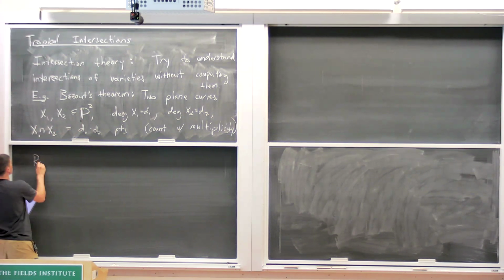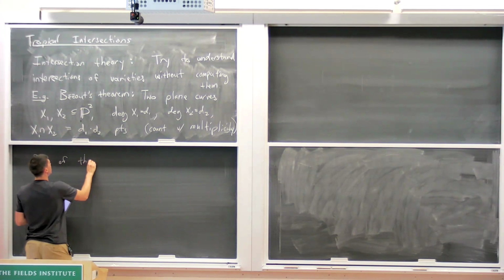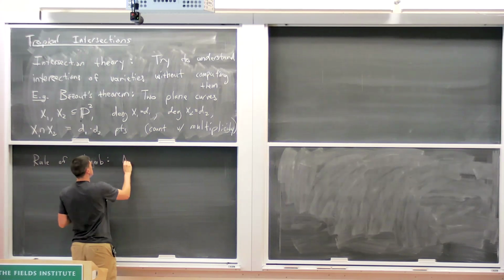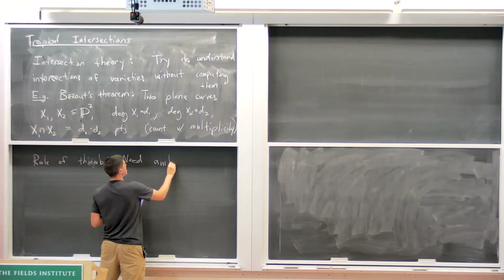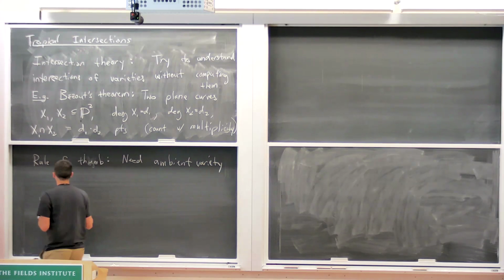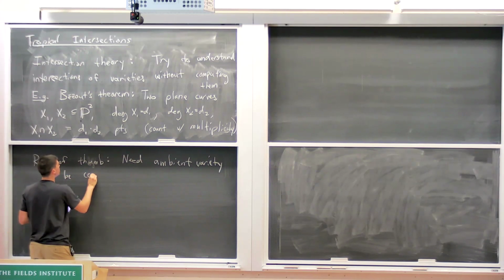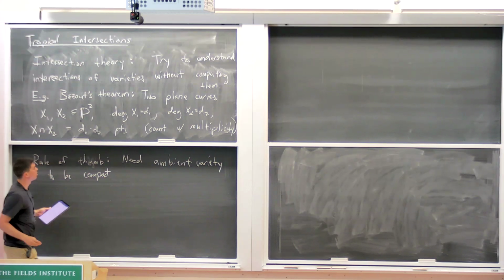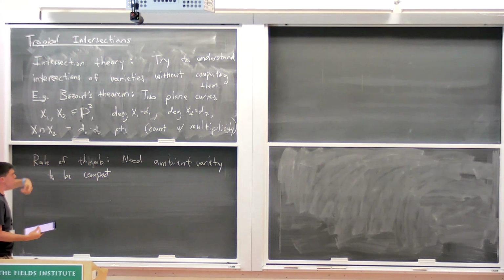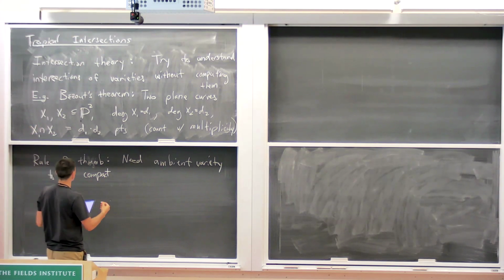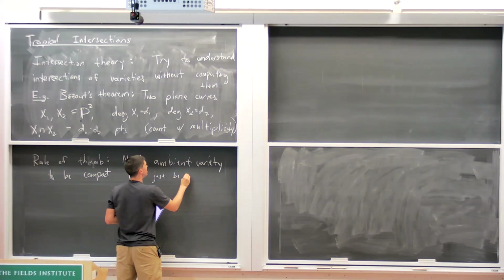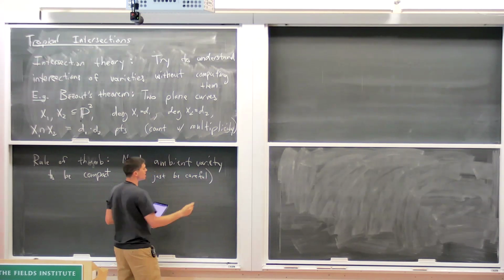And so there's this rule of thumb that says you need the ambient space, the ambient variety, to be compact, as P2 is. Otherwise, you might have intersection points that disappear off to infinity and you forget about them. Or possibly you need to be very careful. And of course, what that means depends on the context.